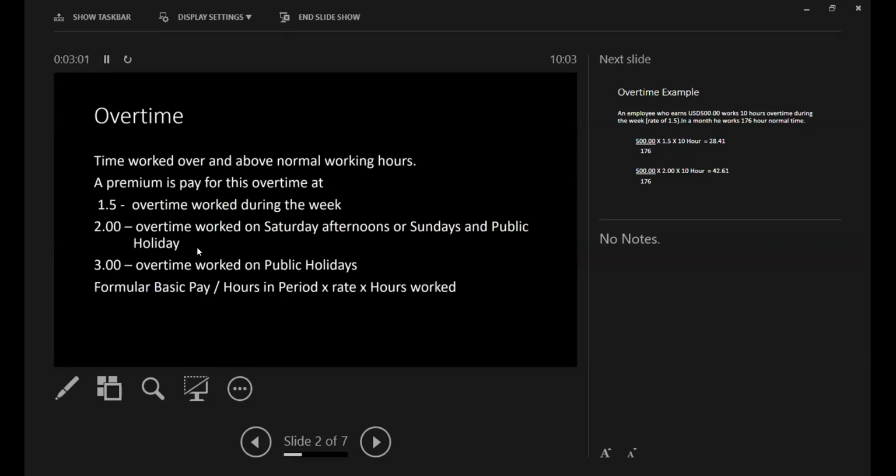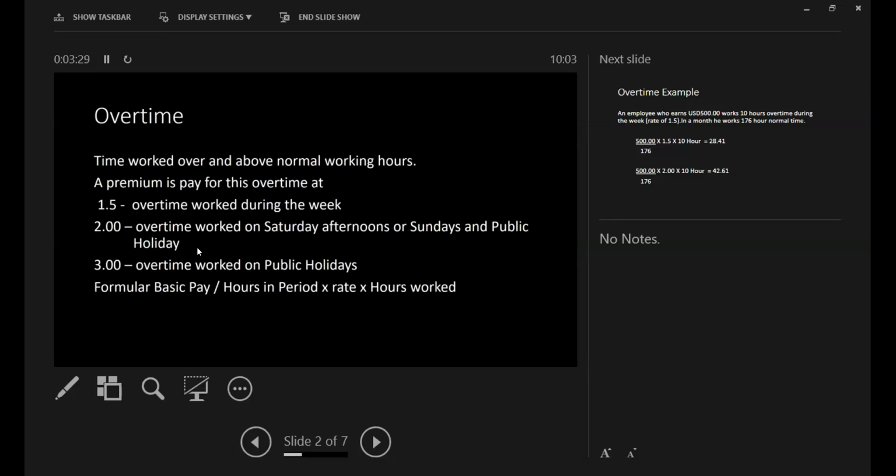Some industries recognize public holidays separately from your Sundays and your Saturday afternoons, and therefore they would like to pay that at a higher premium of ×3. So before you even start checking the payroll, make sure you understand the overtime calculation given to you in your industry in the collective bargaining agreement.